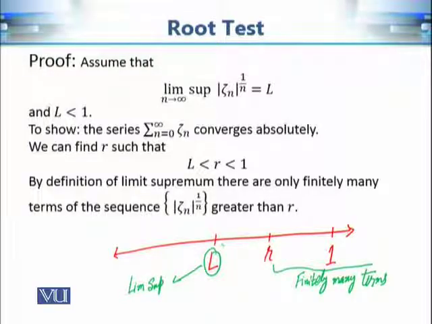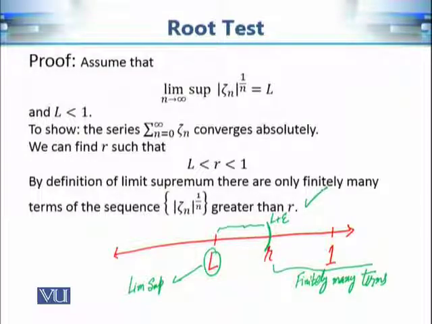Okay, and by definition of lim sup, for every epsilon, so in this case let's take our epsilon such that L plus epsilon is this number R. So for every epsilon there are only finitely many terms bigger than L plus epsilon, and L is the lim sup, so that's why there are always going to be finitely many terms bigger than L plus epsilon. And if we choose epsilon such that L plus epsilon is equal to R, then this statement is true.